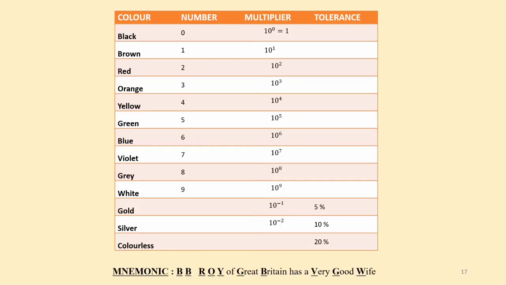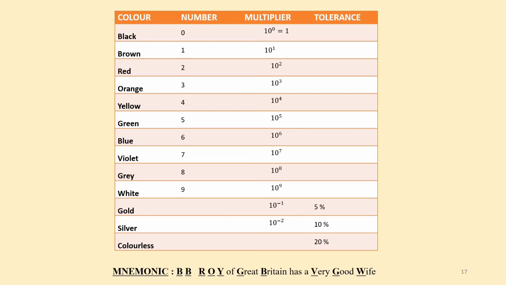This is the table conveying the numerical value for each color, then the decimal multiplier and the tolerance level for every color. The colors are written in a particular order, one below the other. Black, brown, red, orange, yellow, green, blue, violet, gray and white, followed by gold, silver and no color.